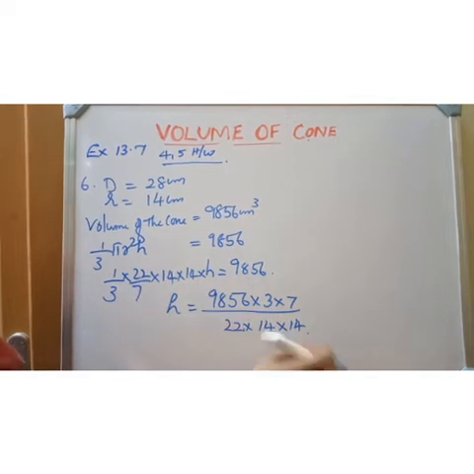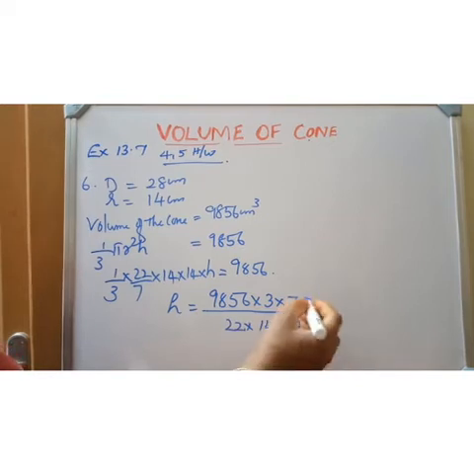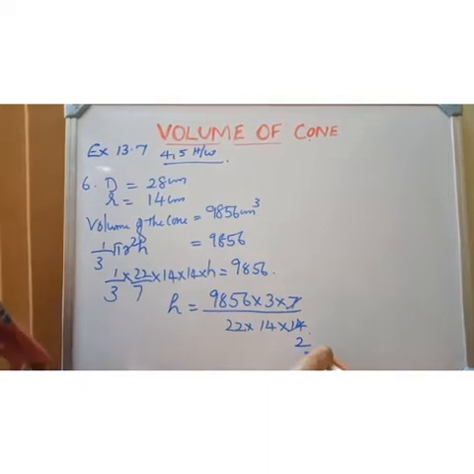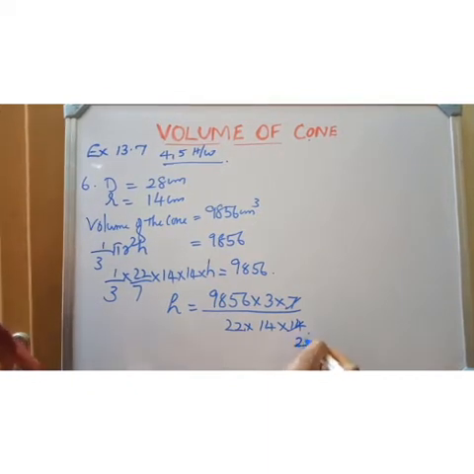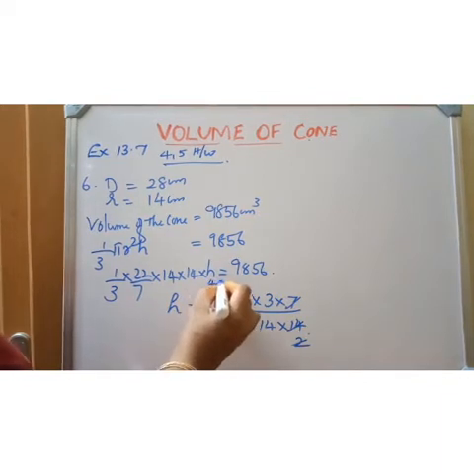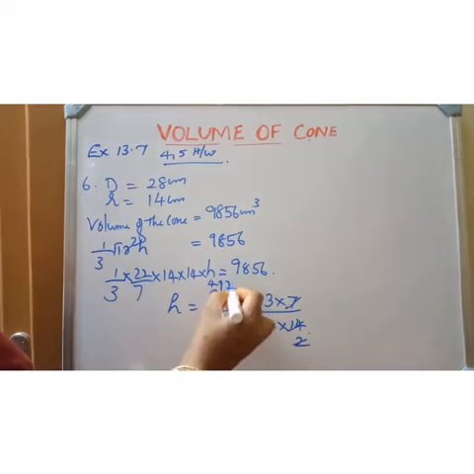Okay, so we can do the cancellation. See, 7 and 14 two times. Okay, then I am doing the calculation with the two table here. 4 2s are 8, 9 2s are 18, 2 2s are 4, 8 2s are 16.